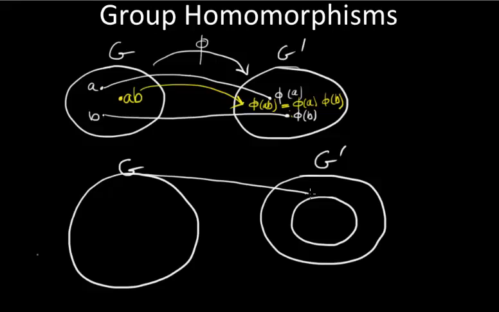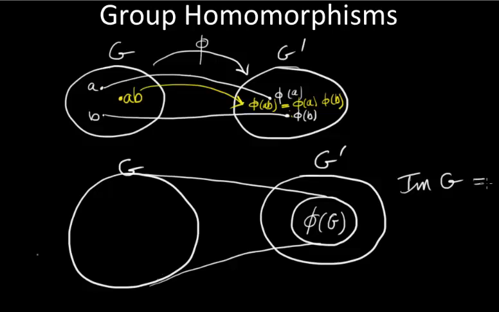In other words, G may map onto just this subset of G prime, and we call that subset phi of G. Notice it's the image of G under the mapping phi.